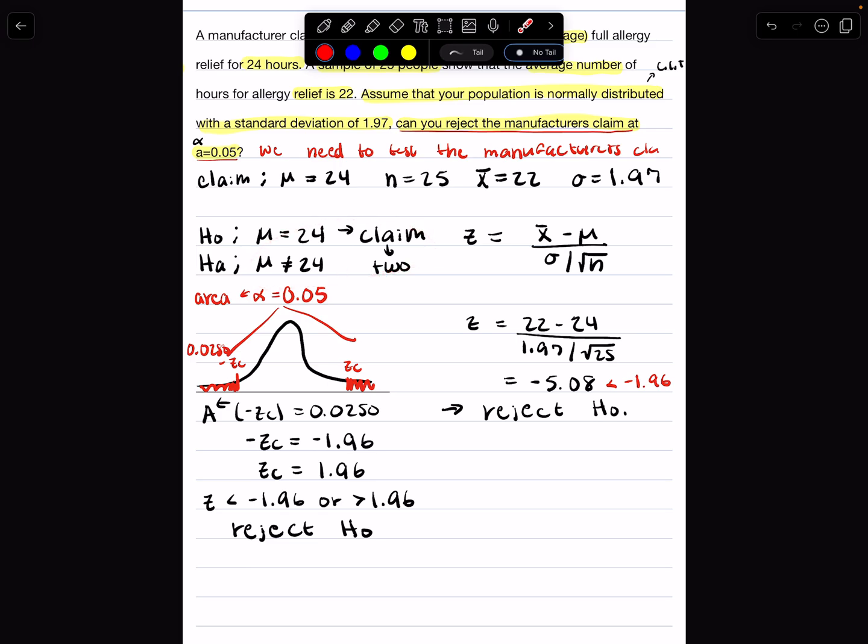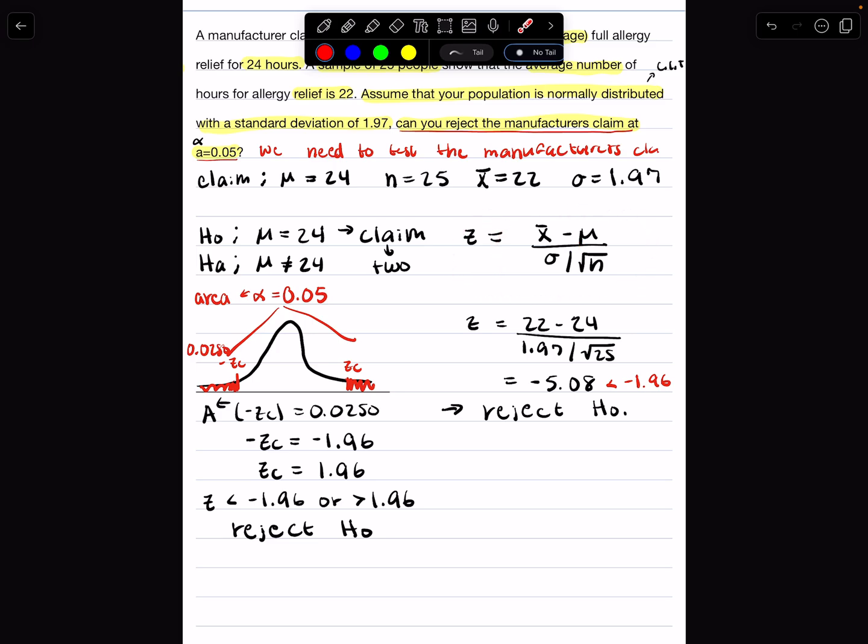Once you do that, you draw a picture of the type of test you're working with. Then you find the critical values for this test using your alpha. Then you write a general rule: if our z is in this critical region, so if it's less than negative 1.96 or greater than 1.96, we reject. Then you find your z-score for the situation.